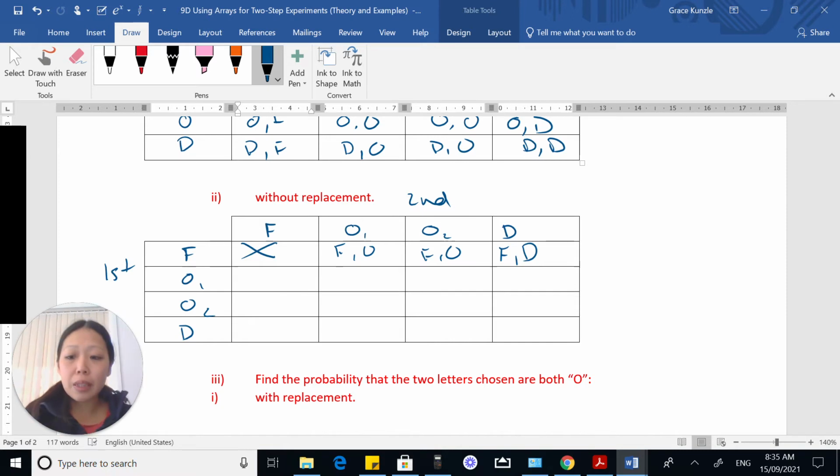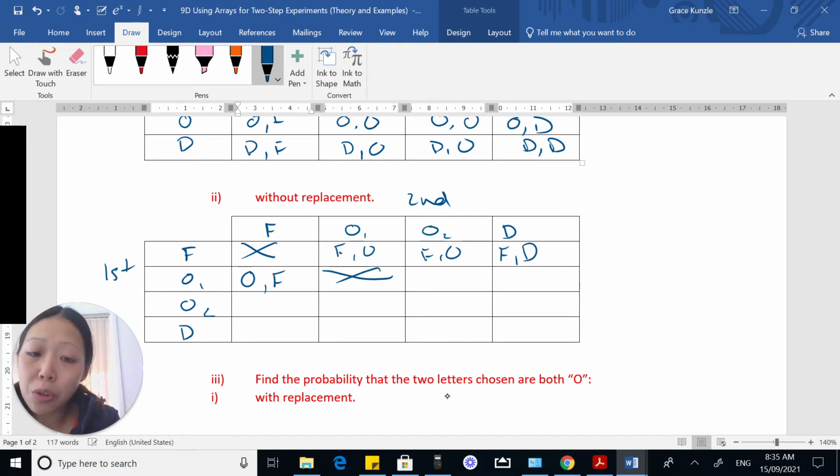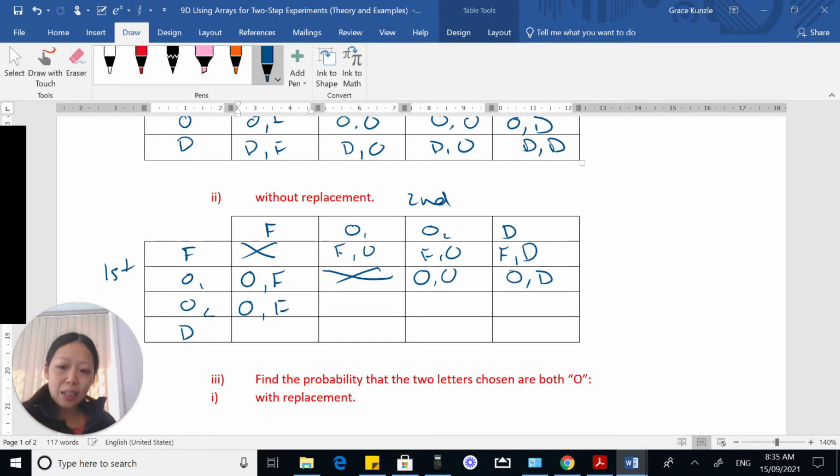Now, obviously we don't have a difference in letters. However, if I pretend they're cards, we're going to call this O1. If I choose O1, then I can get an F next. But if I choose O1 and I take it out and I don't put it back in, I can't choose that same O again. But if I choose the first O and I take it out, I can still grab another O. So I can have an O here, then an O, D. But this second O, I can have an O, F. If I take the second O out and I choose another card, I can still get that first O. So I can have O here.